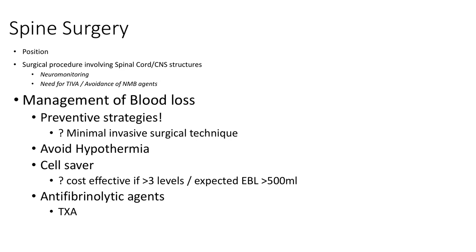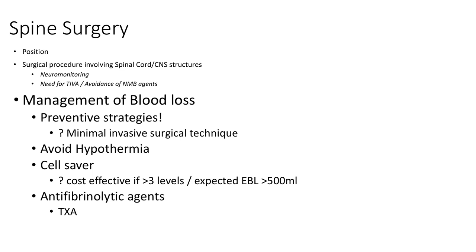What that means is optimize your ventilation pressure. Make sure you minimize the increased intra-abdominal pressure and intrathoracic pressure due to positioning as best as you can. Keep the patient normothermic, avoid hypothermia. Antifibrinolytic agents, TXA, are pretty much standard for the complex spine surgeries.